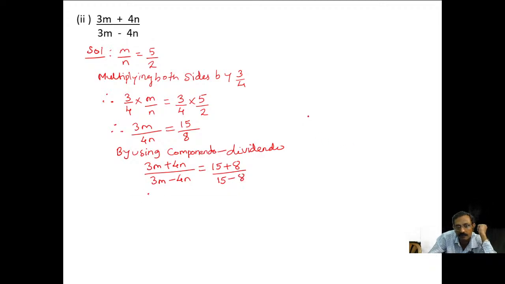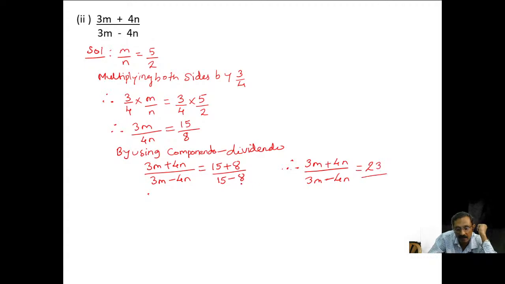Therefore, we'll do it here. Therefore, 3m plus 4n upon 3m minus 4n is equal to, now 15 plus 8, what does it give me? 23.